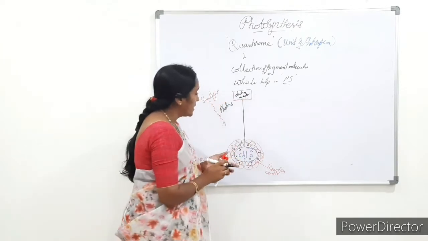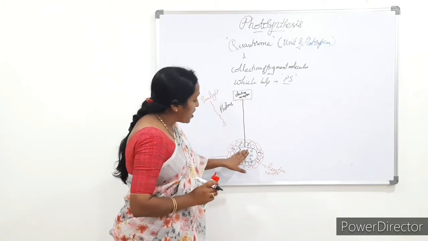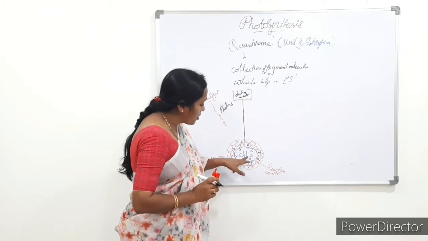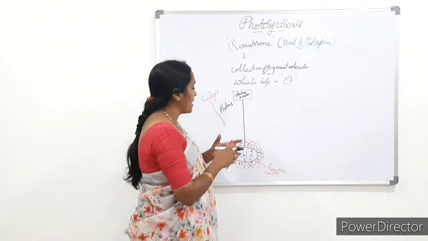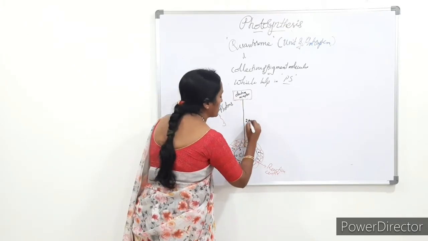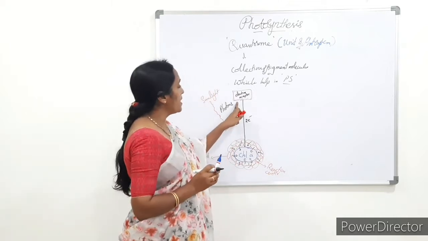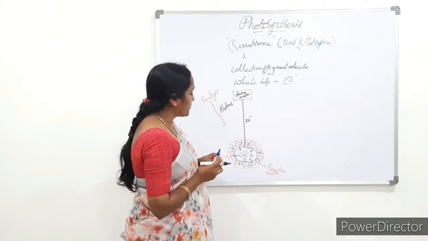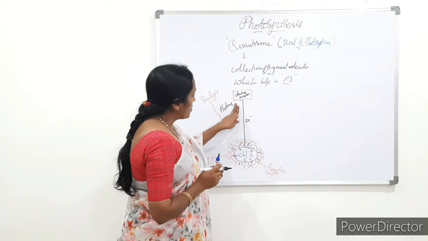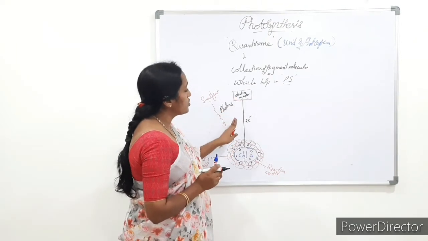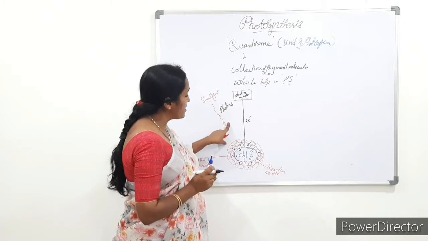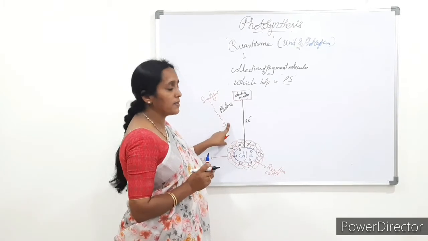Because the electrons which are excited from chlorophyll A are received by an acceptor. This entire process is called the quantasome, or the unit of photosynthesis.